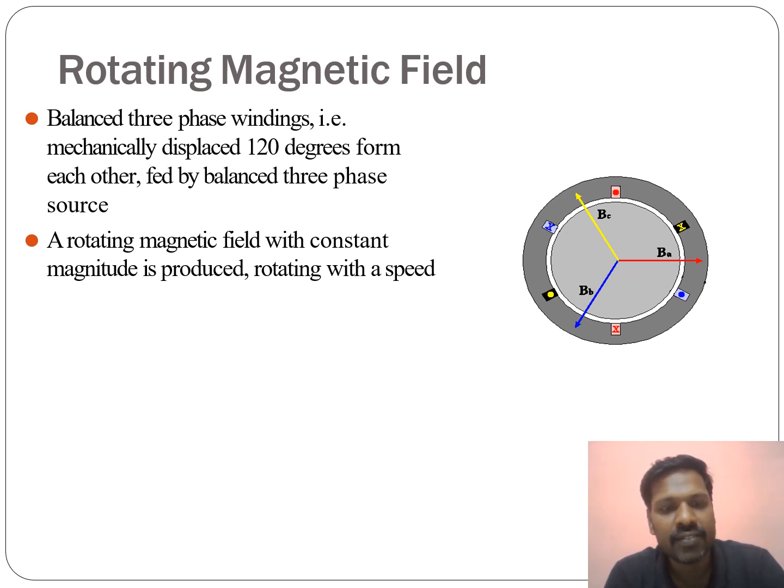The combination of these three time-shifted fluxes produces a magnetic field of constant magnitude that appears to rotate around the air gap. The speed of the rotating magnetic field is called the synchronous speed, and it depends on the supply frequency and the number of poles of the machine.